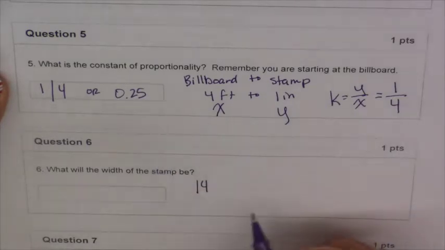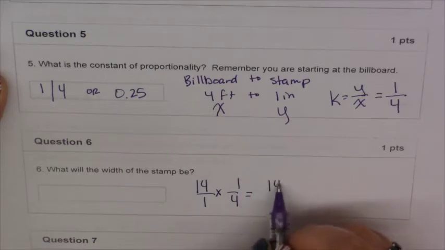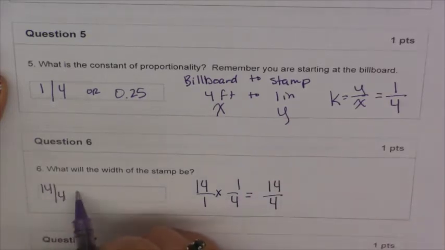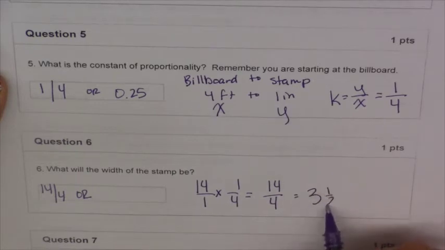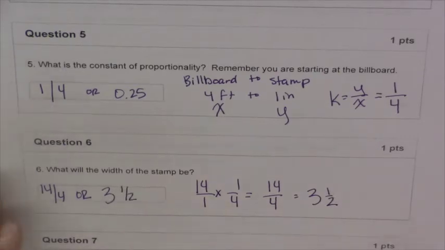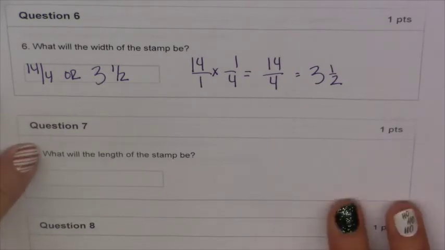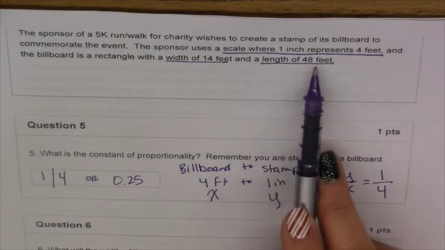We're going to multiply that times our scale factor of 1/4, which gives us 14 over 4, or when we simplify, 4 goes into 14 3 times, and that leaves us with 2/4 or 1/2, or 3 1/2. Question 7, what will the length of the stamp be? If I go back up here to the top, I know that the length is 48 feet.